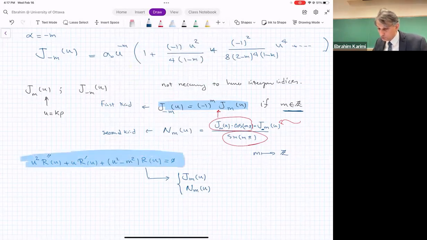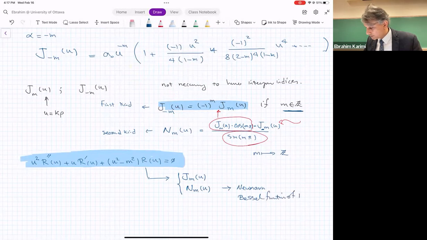They call this also Neumann function, or Bessel function of the second kind. That's a Bessel function of first kind.